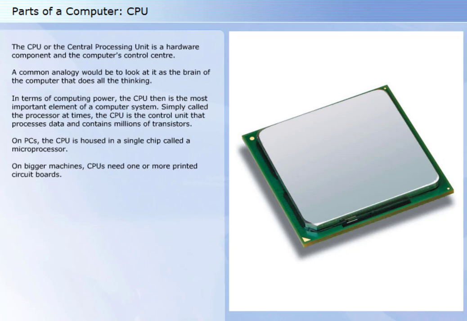Simply called the processor at times, the CPU is the control unit that processes data and contains millions of transistors. On PCs, the CPU is housed in a single chip called a microprocessor. On bigger machines, CPUs need one or more printed circuit boards.